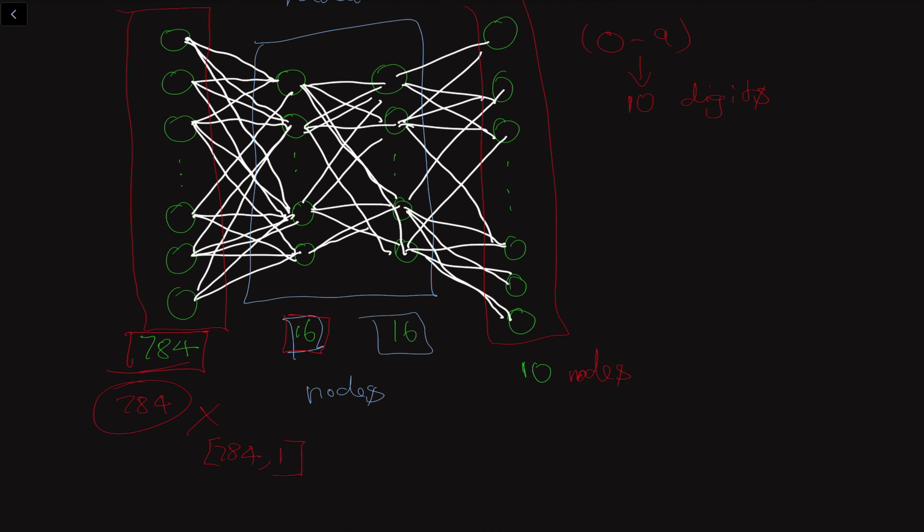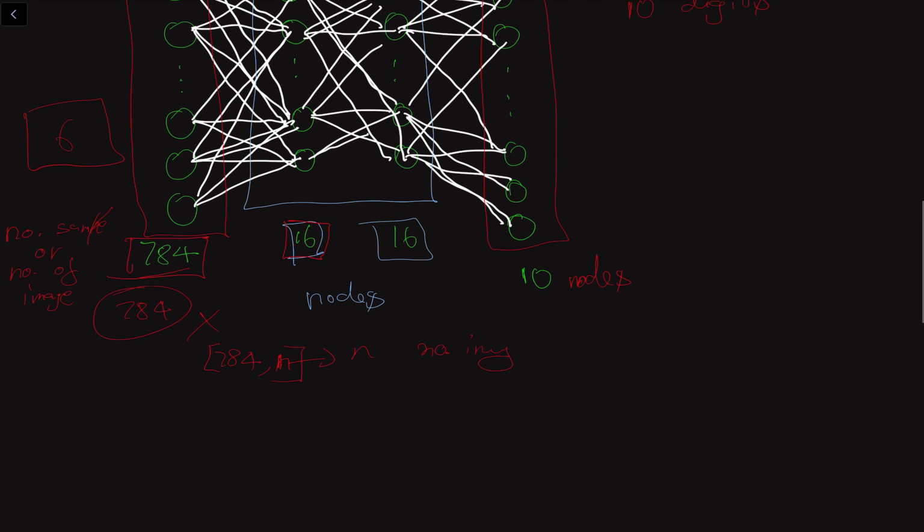This 1, we're taking it as 1 because we're feeding in one image now. Like think of the image 6. But while we're coding, it's going to be n, the number of images fed to the system, the number of samples. So for now, we're taking it as 1.